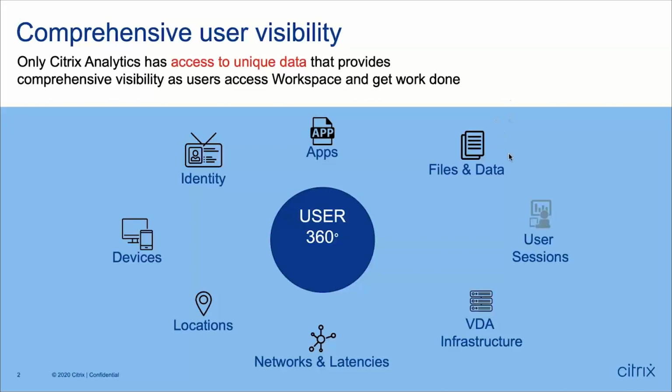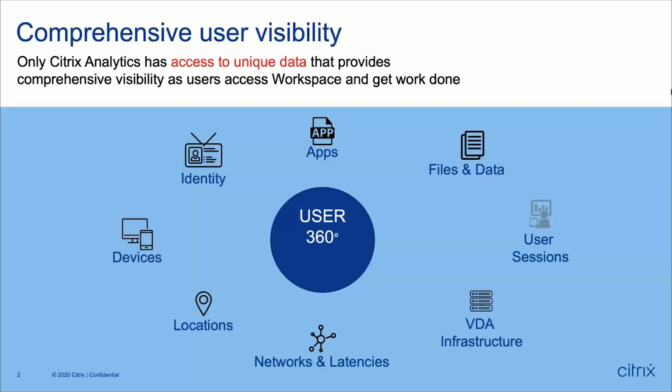So what Citrix Analytics does, unlike the products that you just mentioned, like Director, is this: while Director may give you insights into your VDA infrastructure and user sessions, it does not give the complete picture. For your network latencies, for example, you may have to log into your Citrix Gateway or ADM console.